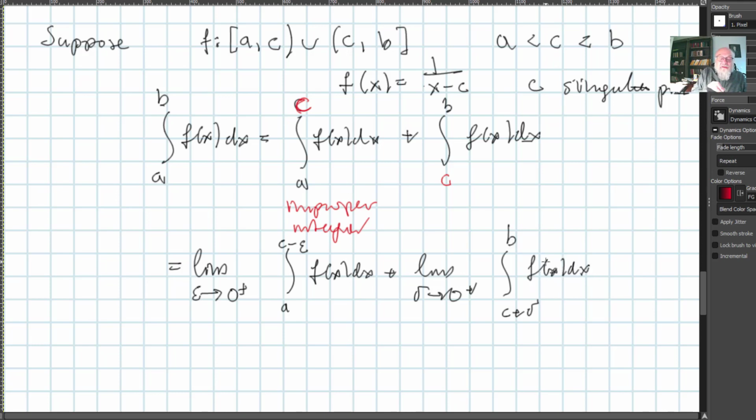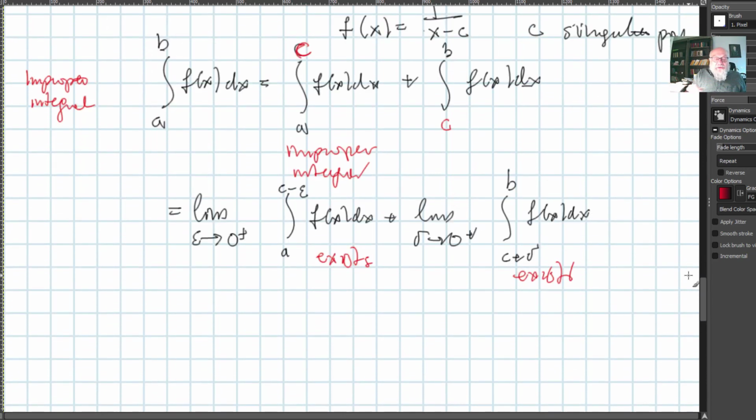So again, in such a case, this is an improper integral, and this improper integral is convergent if those limits exist and are finite, and then you can associate to this integral the values of these two limits as the value of this improper integral.